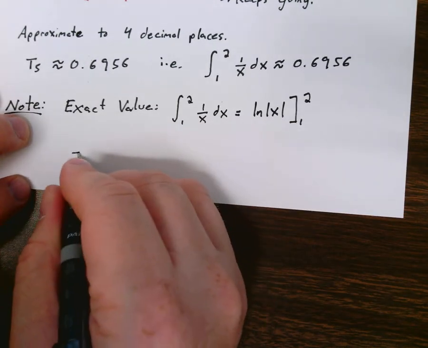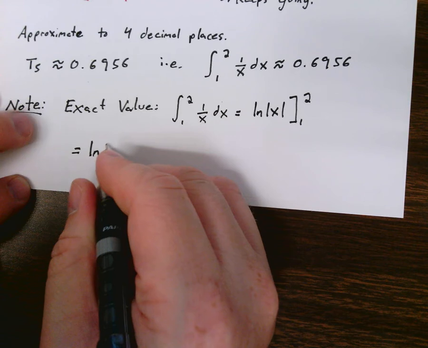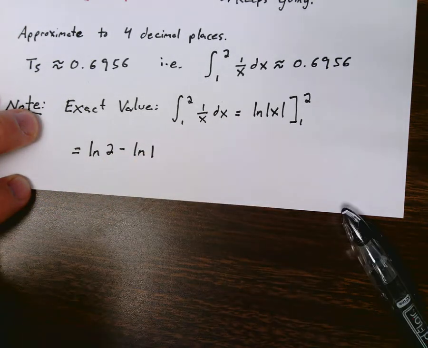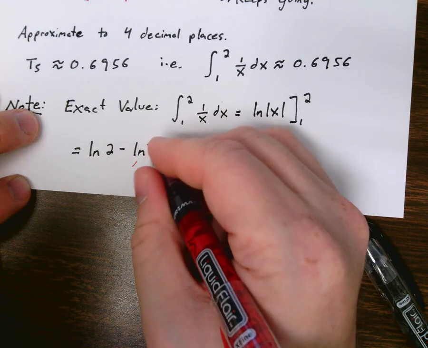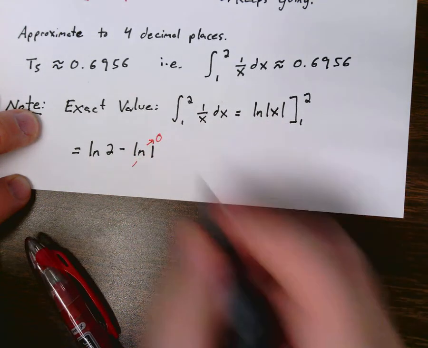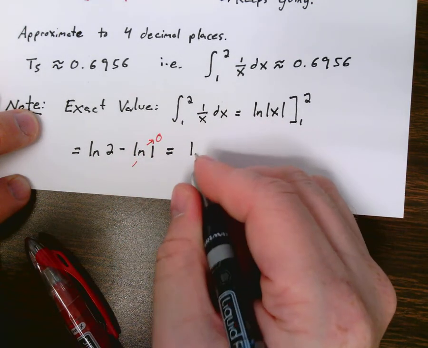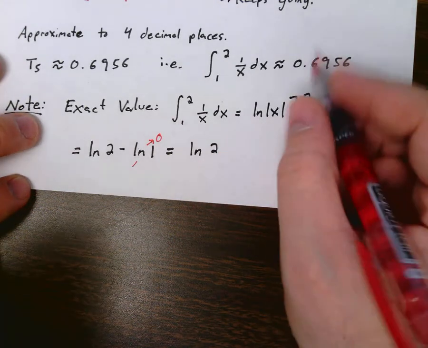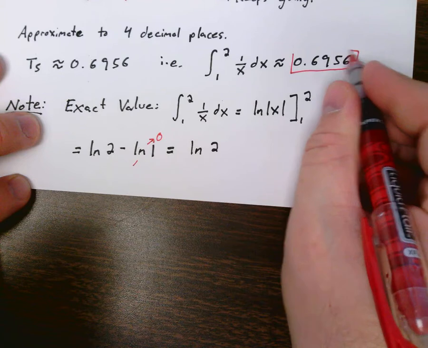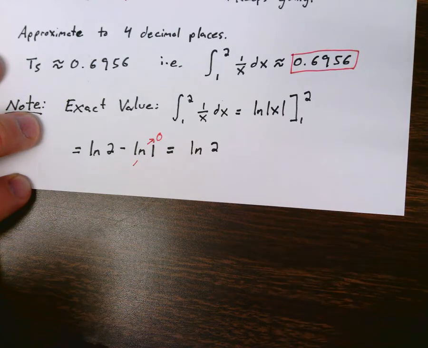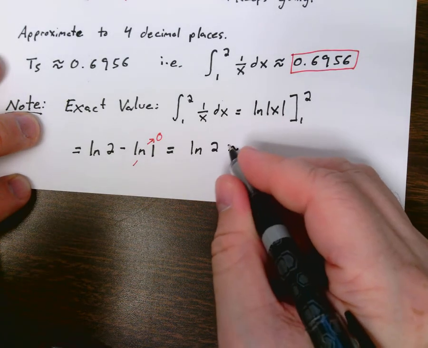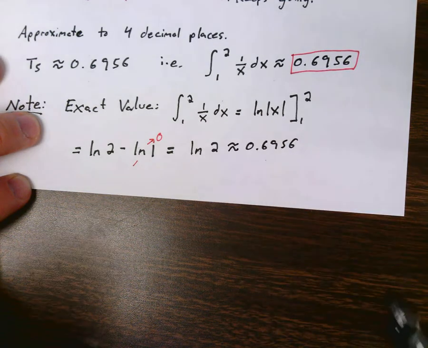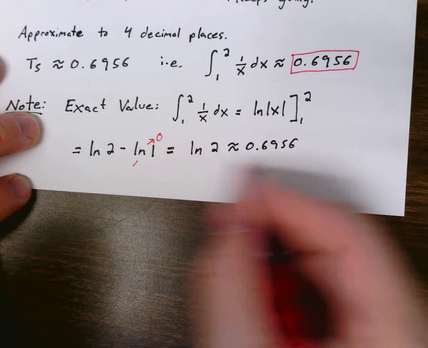And that is going to be equal to the natural log of 2 minus the natural log of 1. The natural log of 1, as you know, is going to be 0. So we know that the exact value is the natural log of 2. So what this says is that we can actually approximate the natural log of 2 with this value, which is approximately 0.6956.